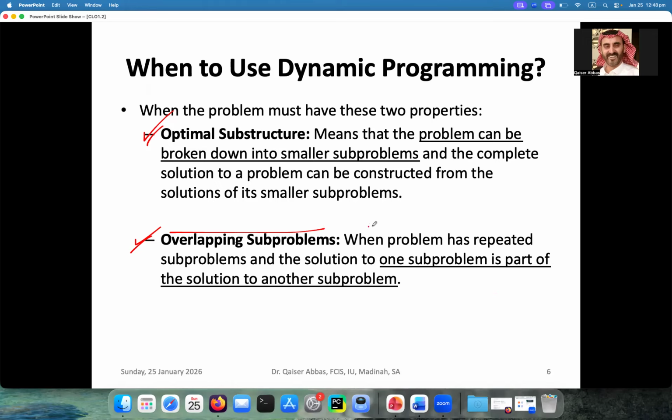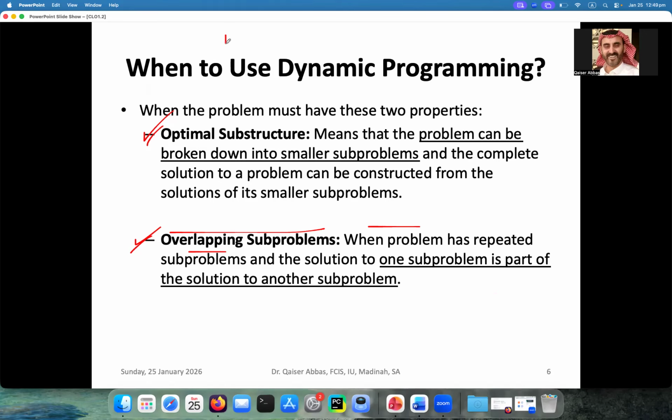So when the problem has these repeated subproblems, or you can say when one subproblem is becoming part of another problem. How? For example, this is the first call to the function, f of n, where f is a function.